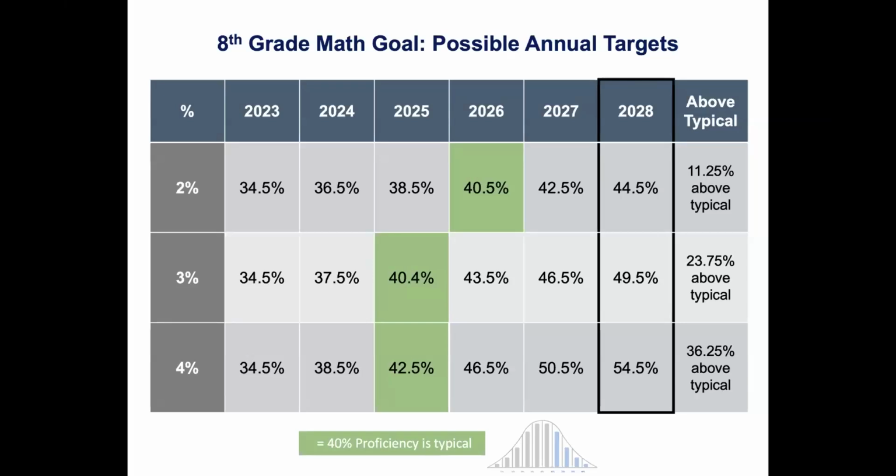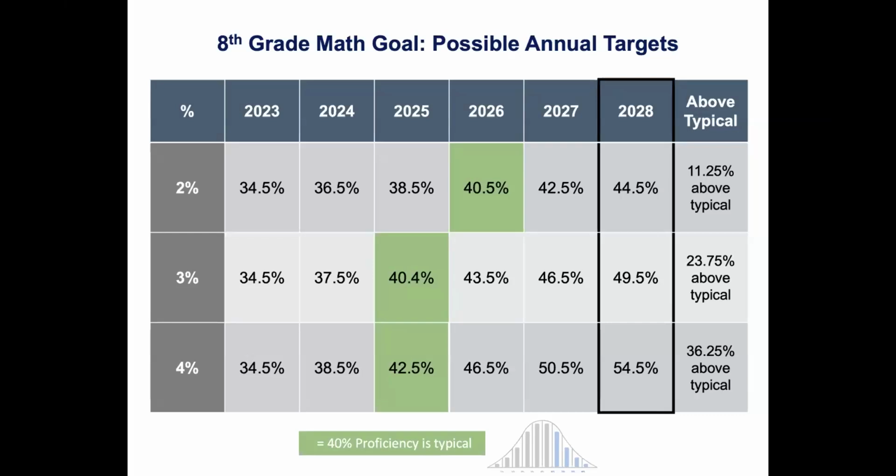You'll notice 2023 all have the same starting point. On the left-hand side is an annual goal. And then in 2028, that's where the end percentage would come out. And then on the very far right, remember that looking at the statistics behind it, what is typical is about 40%.